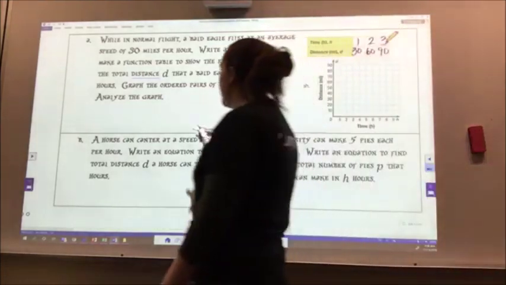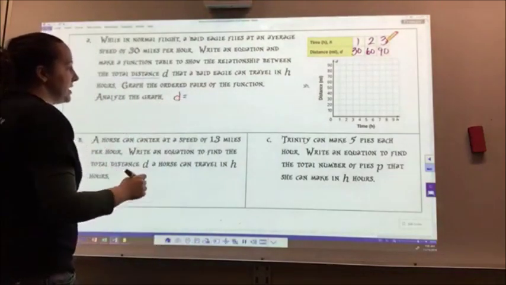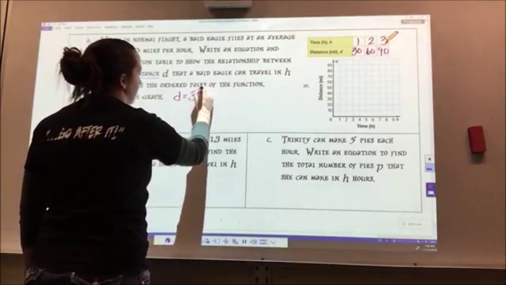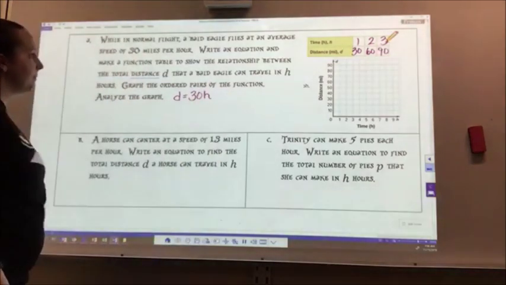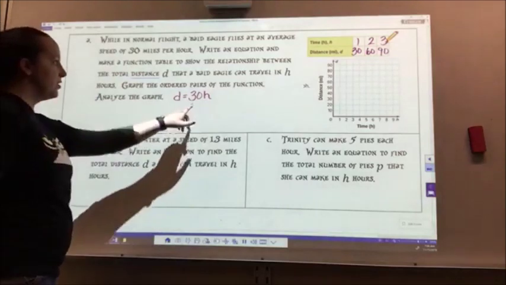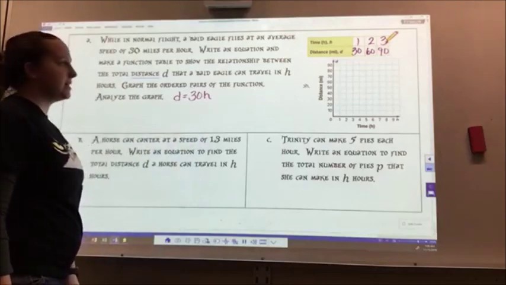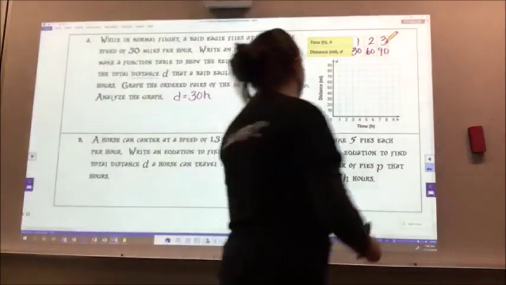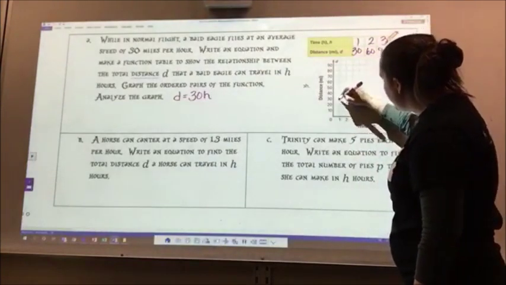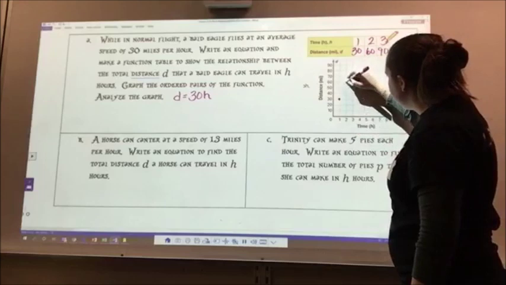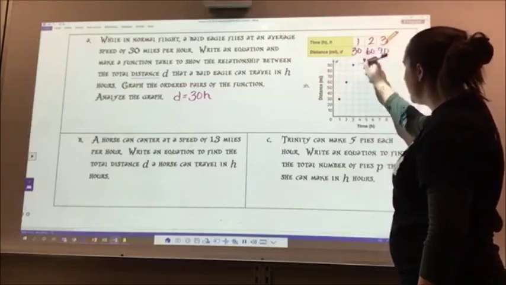So my equation must be distance traveled, which is d, equals 30h, where h is my time. This is the 30 miles, travels in h hours, and equals my total distance. Then I can graph my points. I go 1, 30, make a point, over to 2, up to 60, make a point, over to 3, up to 90, make a point. So there are my 3 points.